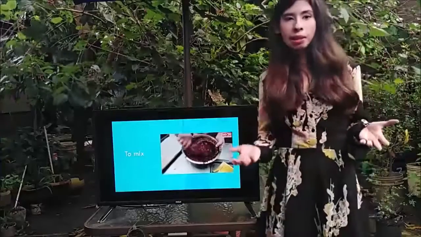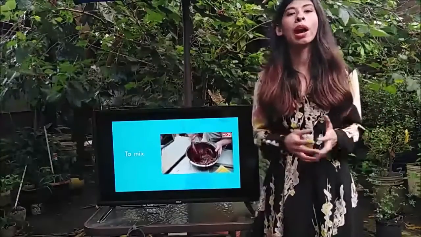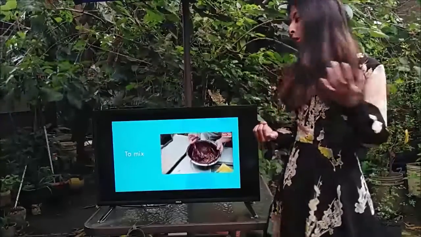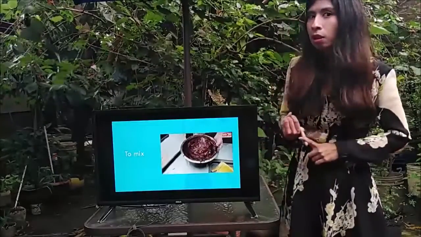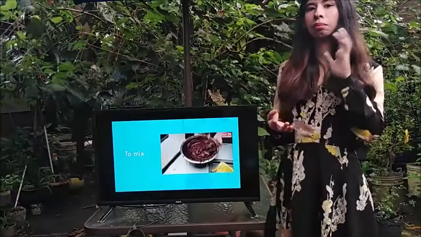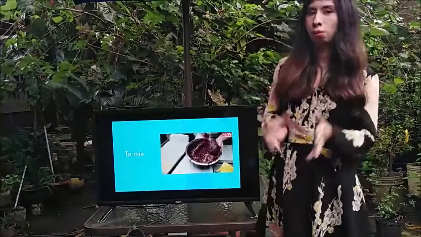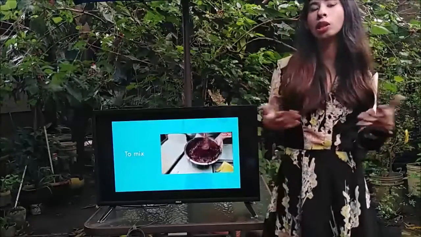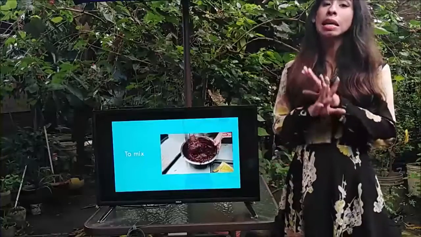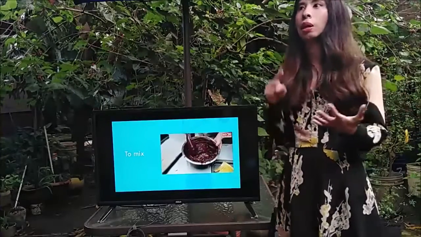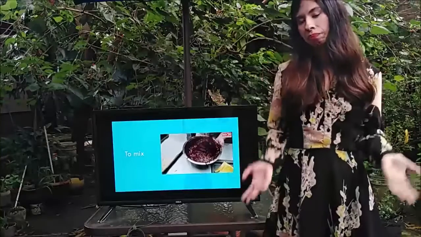And we can either use a whisk or a fork for us to beat something. Whenever we are mixing something, we are actually combining two or more elements with the help of either a spatula or a fork or spoon or whatever we have handy, right? That is to mix, to combine two or more elements, and those can be two liquids or solids, or it can be solid and liquid, right?